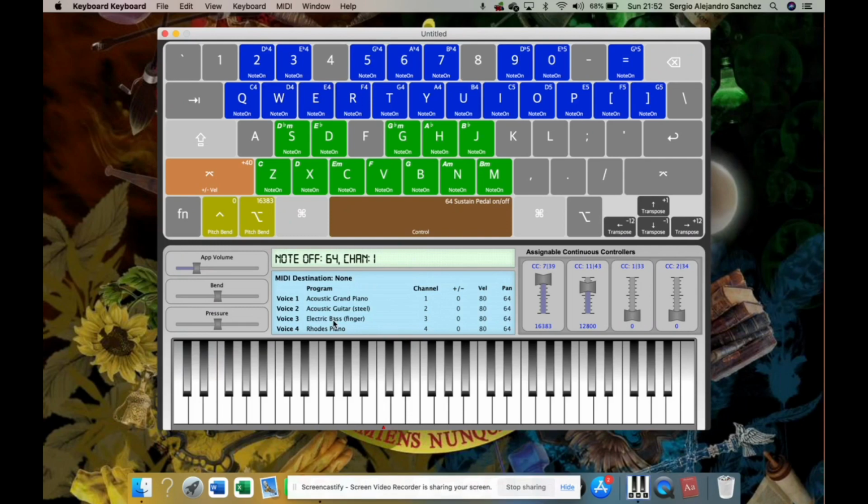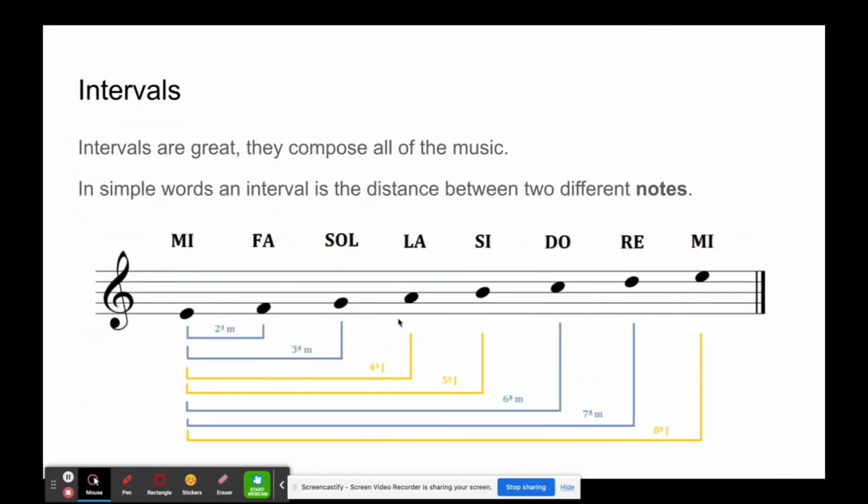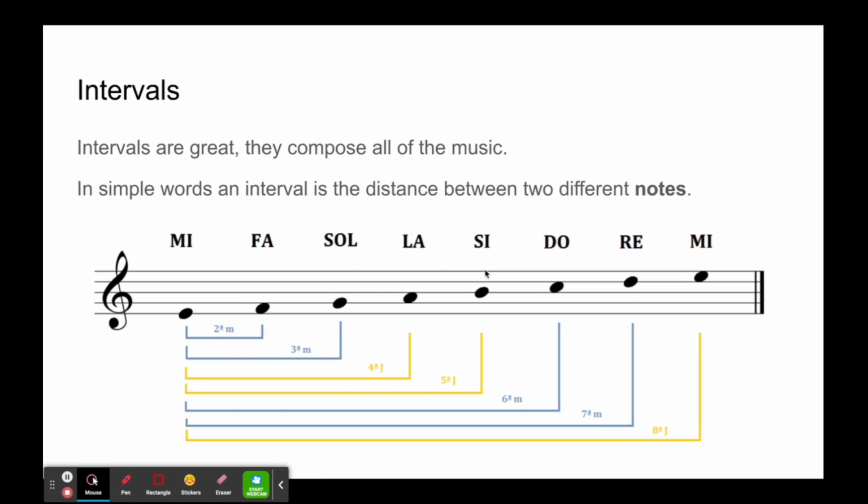So, for example, an interval of 2, an interval of 3, do, re, an interval of 4, and finally we have an interval of 5. This is a pretty common interval used in all of music because it is really pleasant. And well, that's what an interval is. We know that it's pretty simple.